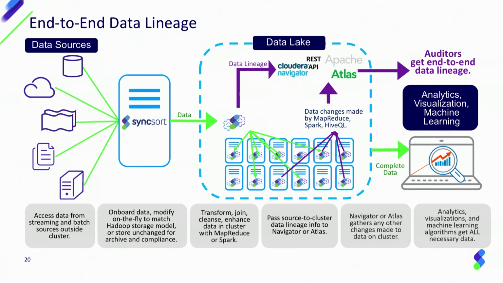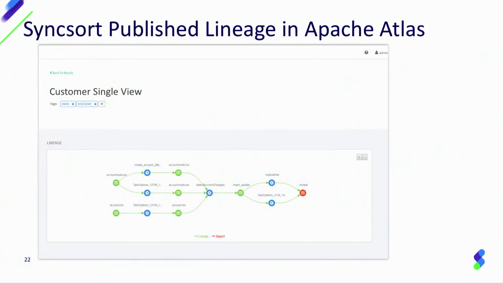We have integration with Atlas. In fact, in the Expo Theater, we had 2 demos with Hortonworks today showcasing that Atlas integration for lineage. We also publish this through the REST APIs and can also publish into Cloudera Navigator in the case of a different Hadoop stack. But we are pretty tightly integrated with Atlas.